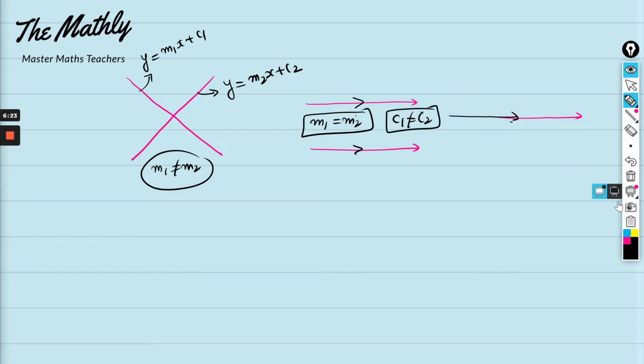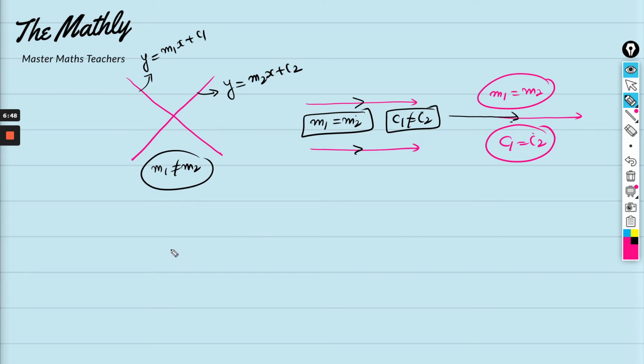But for coincident lines, the slopes are equal and the y-intercepts are also equal. Now, let's see how we can use this scenario to get to the conclusion.